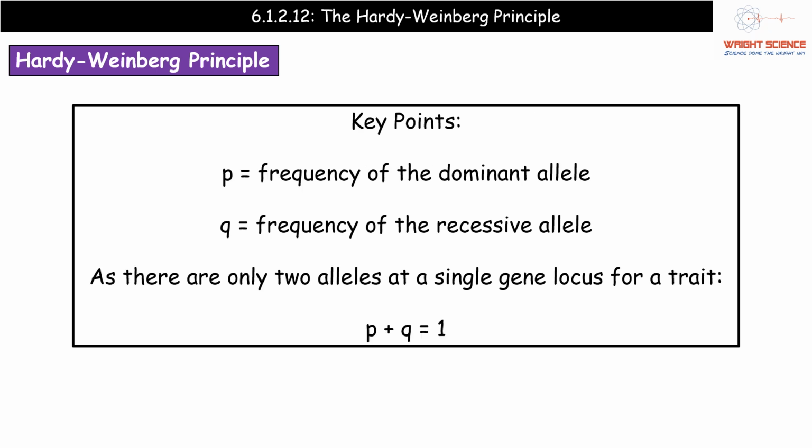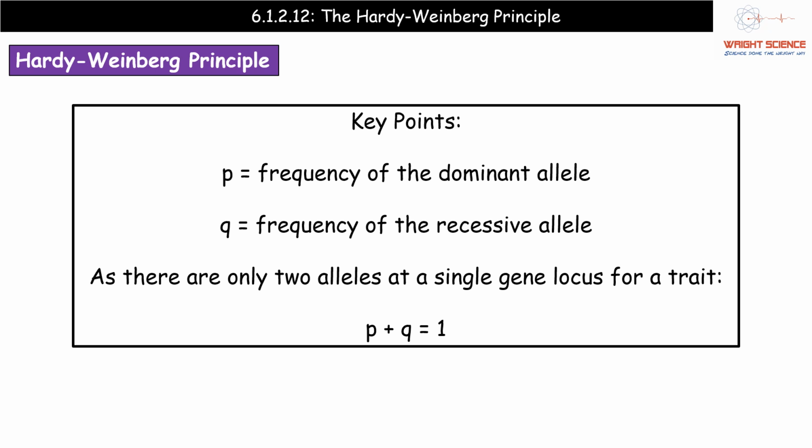Okay, so when we think about the Hardy-Weinberg Principle, one thing you've got to remember is what P stands for and what Q stands for. They will give you the equations. They will not give you what P and Q stand for. So make sure you remember which is which. P is the frequency of the dominant allele, and Q is the frequency of the recessive allele.